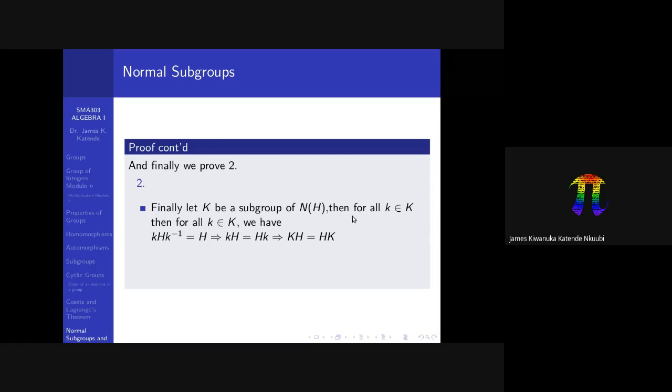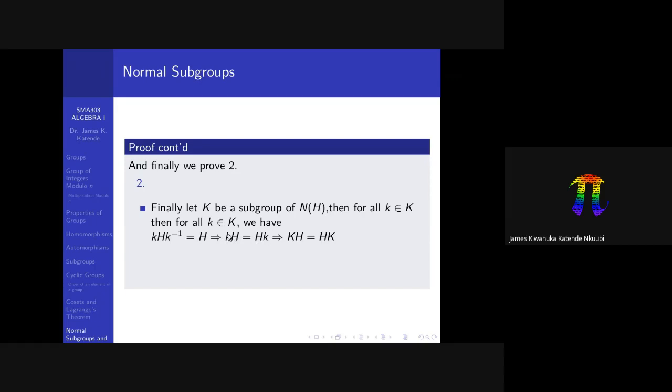I've written this twice. I think I need to delete one of them. We have the following situation. Since K comes from the normalizer of H, we have the situation kHk inverse must always be equal to H, which means you can post-multiply by k on both sides of this equation, and you will have kH is equal to Hk.